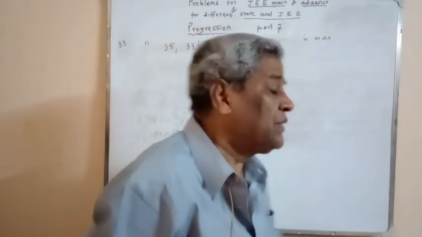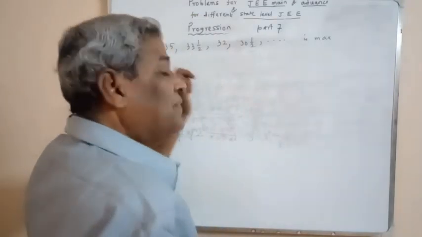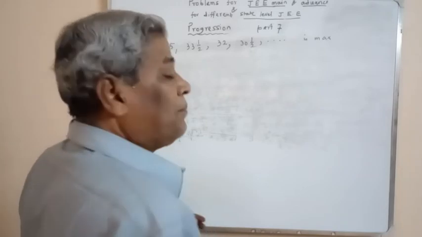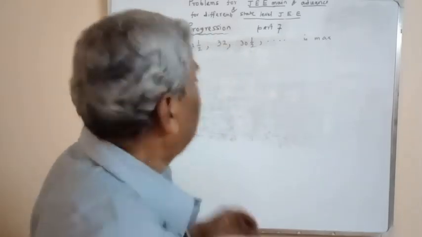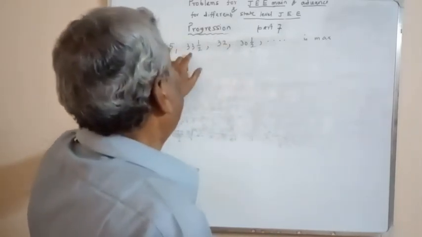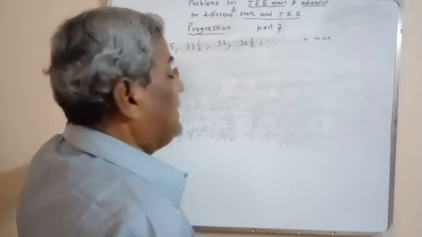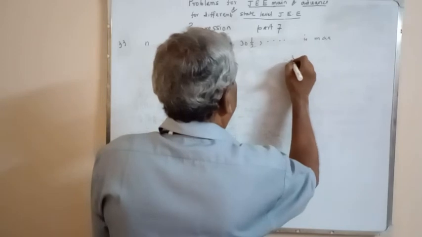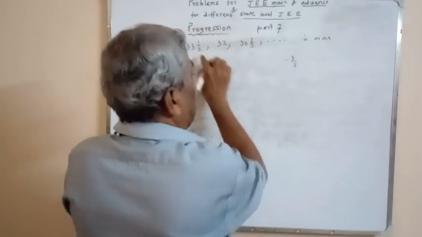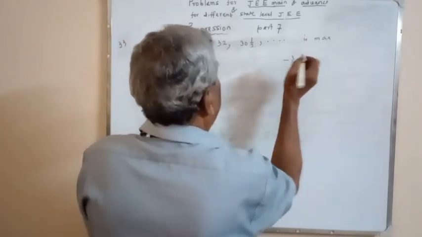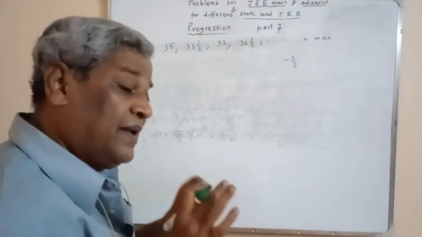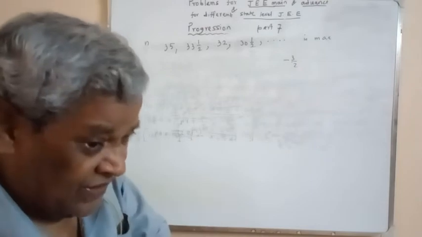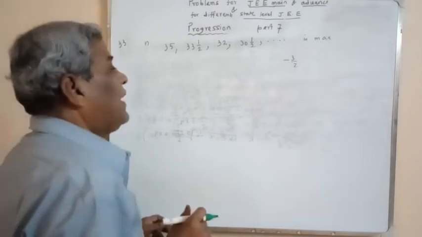So problem is, you see, the given series is a decreasing AP, because common difference is this minus that is minus 1.5, that is 3 by 2. This minus that is minus 3 by 2, and so on. So this is an AP, and d is negative, that is decreasing AP.